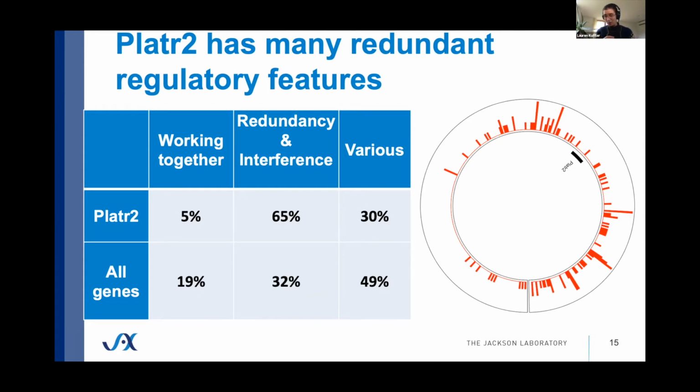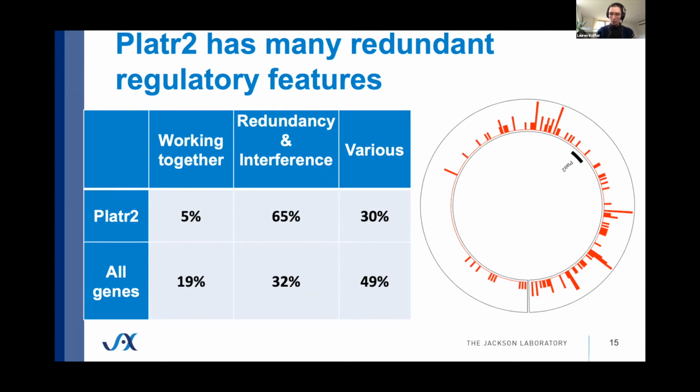But this is a good example of the kind of regulatory complexity that maintains homeostasis in genetically diverse populations, where maintaining expression levels at specific amounts can be crucial for development and normal function.